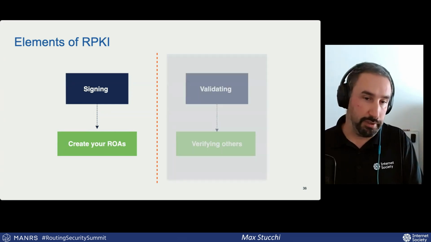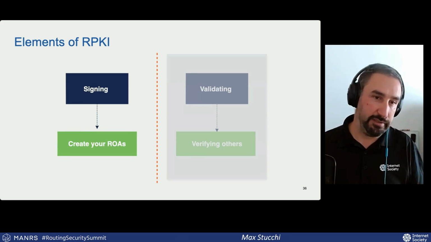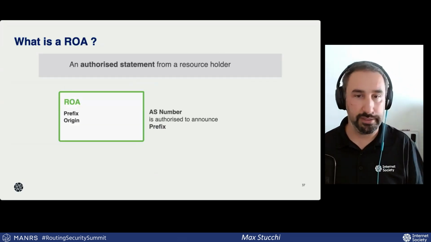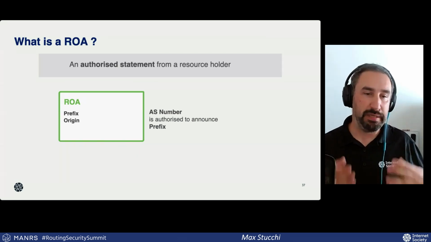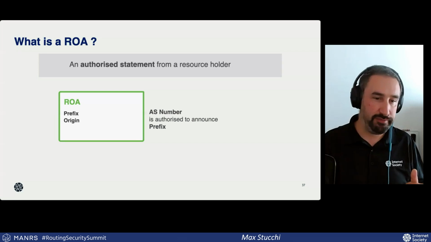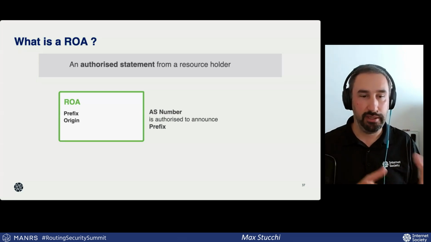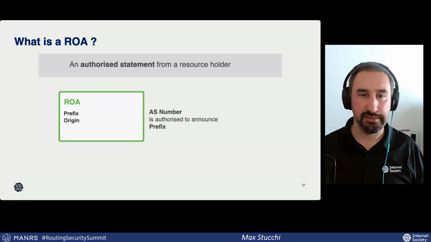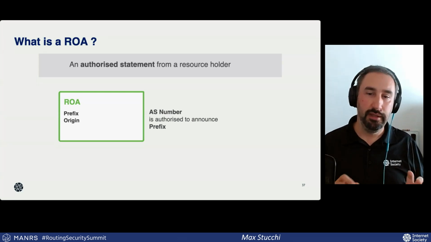So how does this work? Let's look at the left side for now. Let's look at the signature and what a ROA is. A ROA is basically a file that puts together a prefix, so a network, and an origin. There's a little bit more spice added, I'll get to that in a moment.